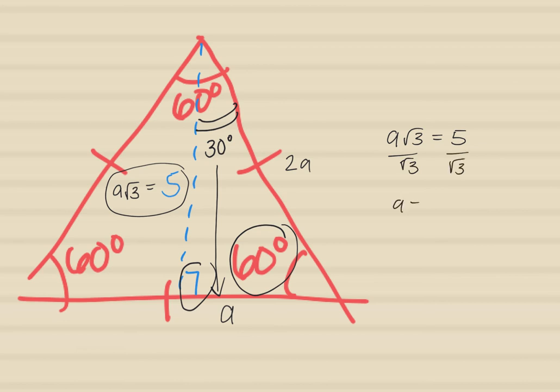So A equals 5 over root 3. Who can tell me what's the length of one of the sides of this triangle? What's the length of one of the sides of the whole triangle, the equilateral triangle?